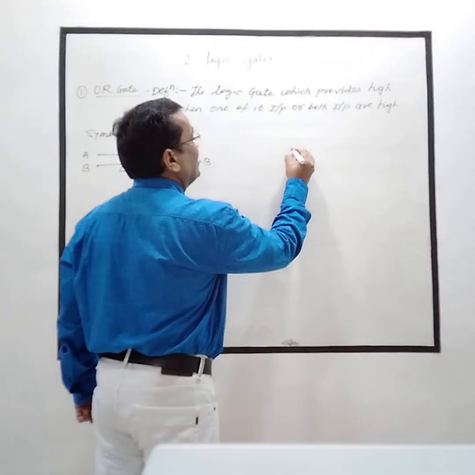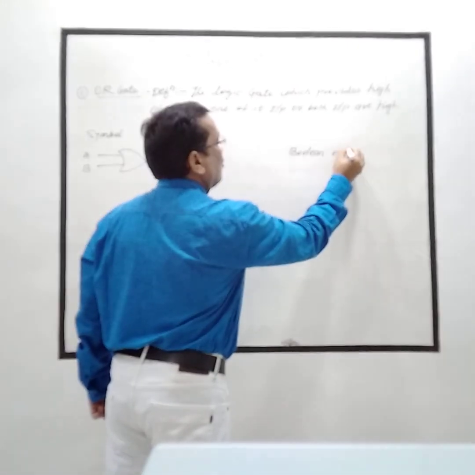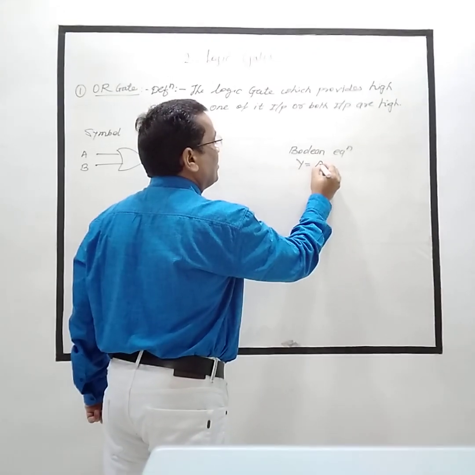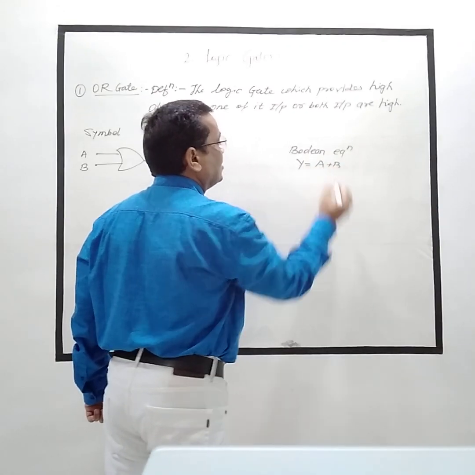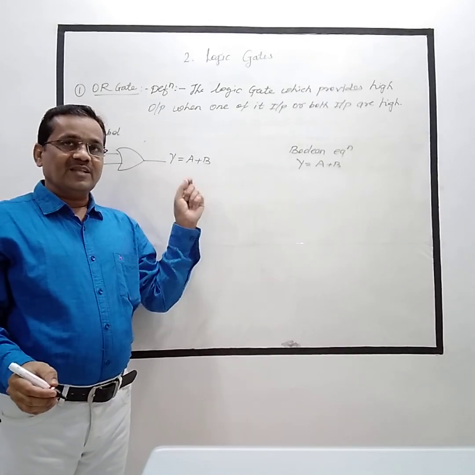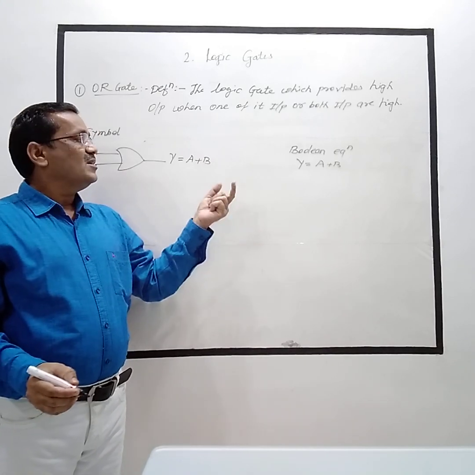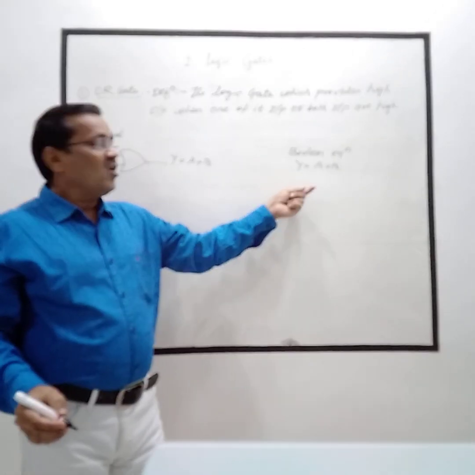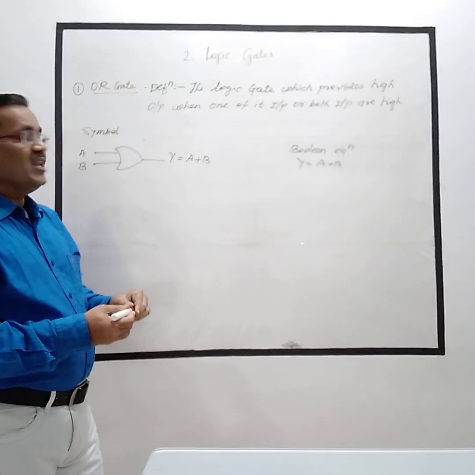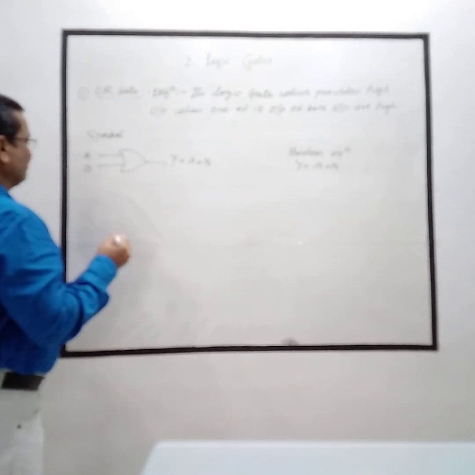Now the Boolean equation for OR gate is Y is equal to A plus B. The Boolean equation of a gate is the equation which gives the output for different inputs. Next is the truth table.